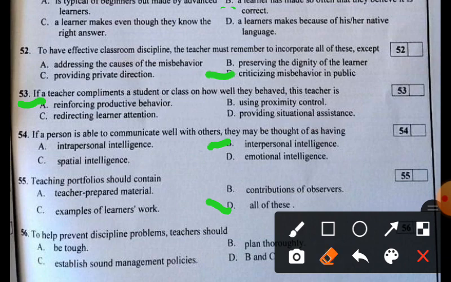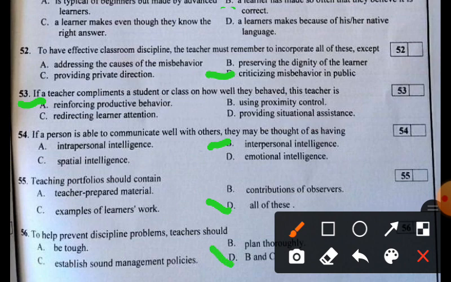So let's move to the last question in the didactic questions, which is: to help prevent discipline problems, teachers should A, be taught, B, plan thoroughly, C, establish sound management policies, D, B and C. Here D is the right answer.